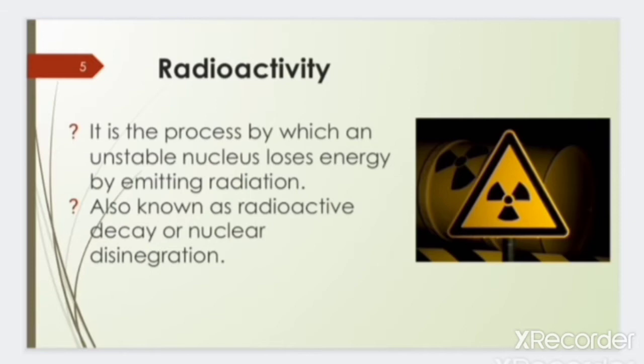That means it wants to give up some energy in order to shift to a more stable configuration. Or in short, you can say that radioactivity is the process by which an unstable nucleus loses energy by emitting radiation. And radioactivity is also known as radioactive decay, nuclear disintegration, or radioactive disintegration.